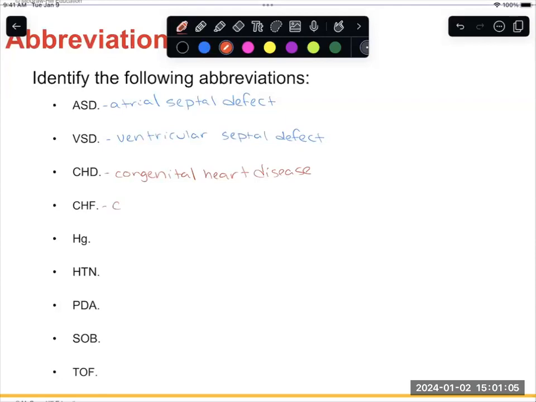Well, CHF is congestive heart failure. HG, mercury. Whoops, that's not how you spell mercury. There we go. HTN, hypertension. PDA, patent ductus arteriosus.